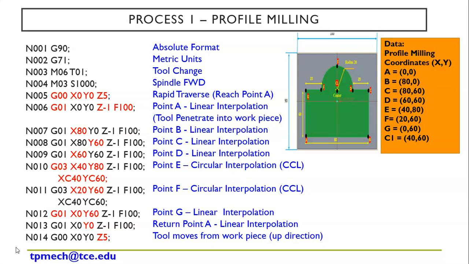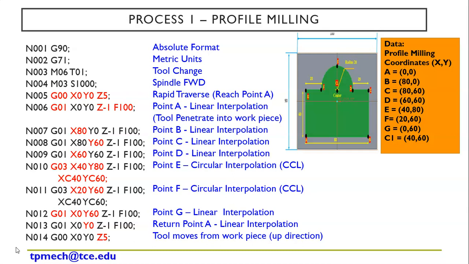Here we are going to use only some simple G codes and M codes. As for M codes, we are using only M06, M03. As for G codes, G90, G71, G00, G01, G03. And we need to remember the syntax.